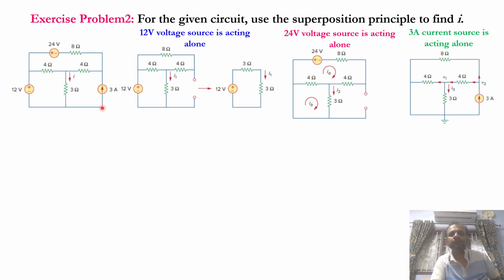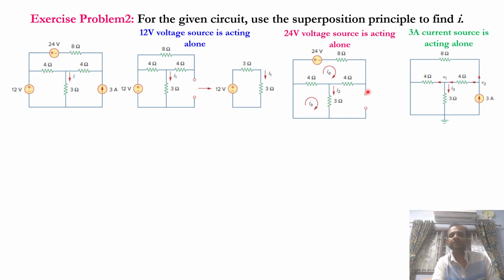Next, 24 is retained, the other two are made 0. So the voltage source is shorted here, and the 3 ampere current source is open here. So analyze the circuit. How to analyze?